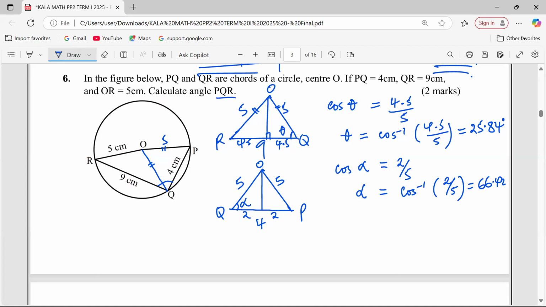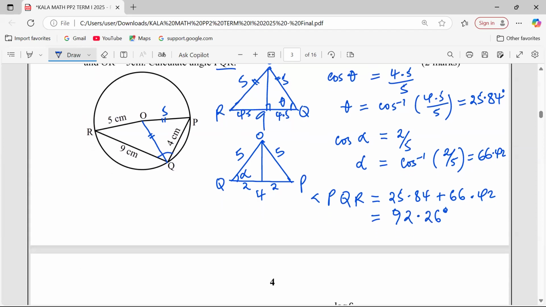So the whole angle PQR shall be 25.84 plus 66.42. So when I add the two, I'll be getting exactly 92.26 degrees. So that's how we get the angle.